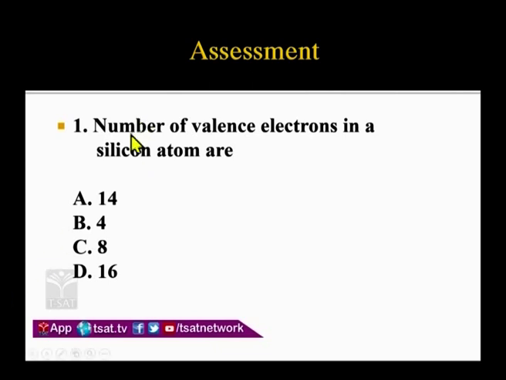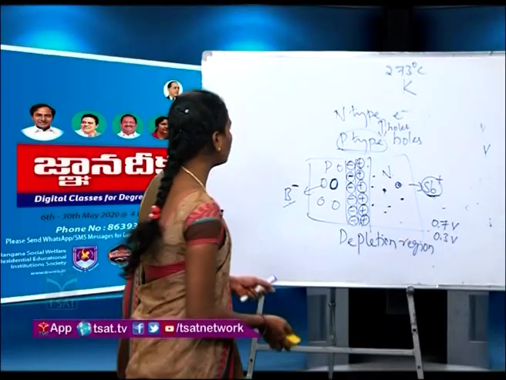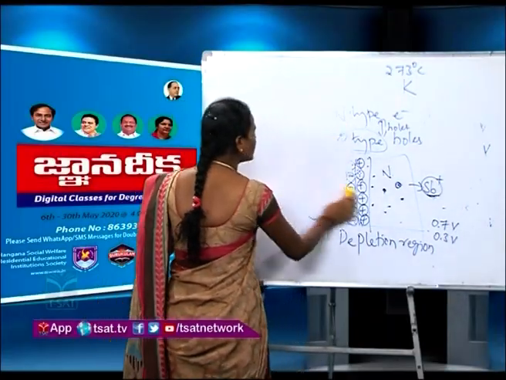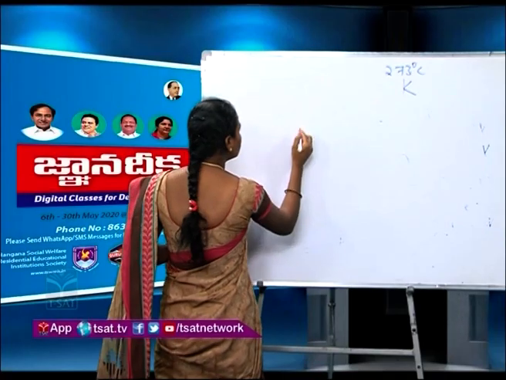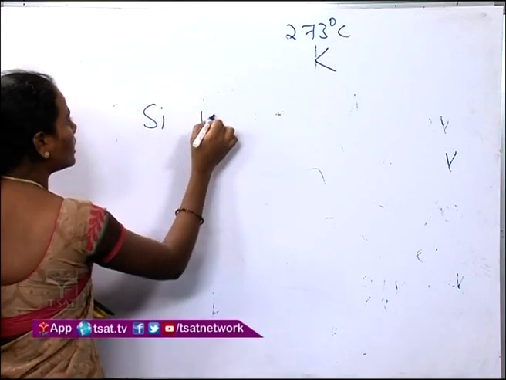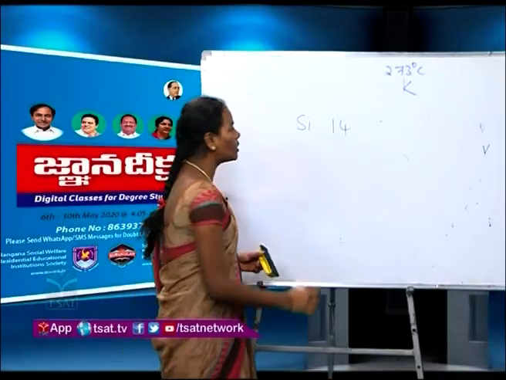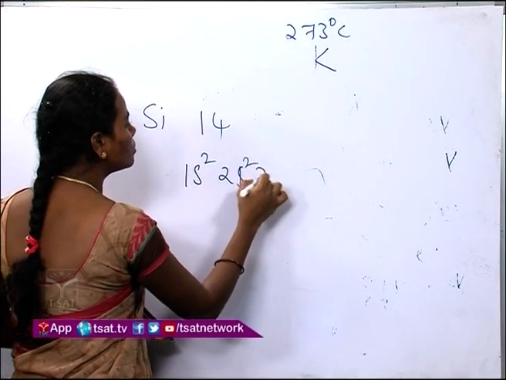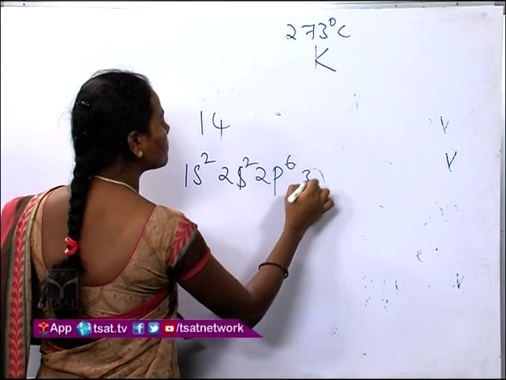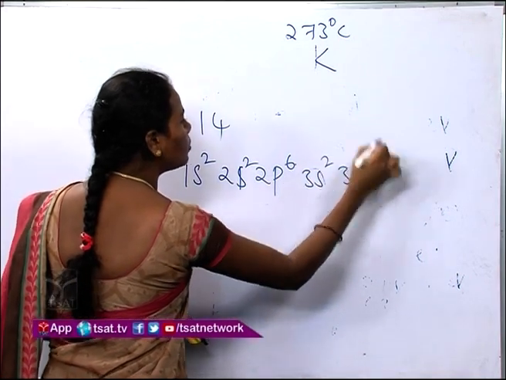The question is: the number of valence electrons in a silicon atom is. What is the atomic number of silicon? It is 14. Silicon has atomic number 14. So, what is the electron configuration? It is 1s2, 2s2, 2p6, 3s2, 3p2.